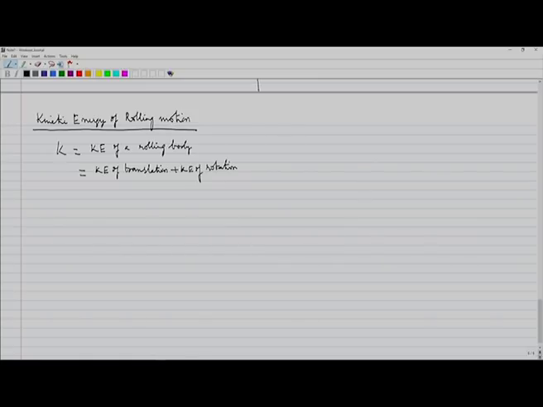So earlier we had seen, now we want to recollect something. Earlier we had seen the kinetic energy of a system of particles. I think it is in lecture 2. As soon as we introduced the center of mass, we did this.